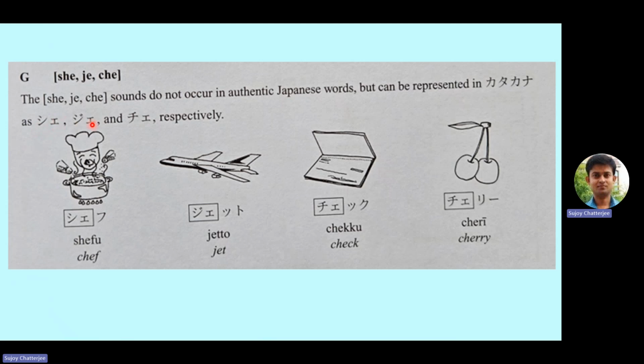Remember that the second one is not a full size character, it's a half size character. So shi plus e becomes she, ji plus e becomes je, and chi plus e becomes che. So chef will be shefu, jet will be jetto, check will be chekku, and cherry will be cheri.